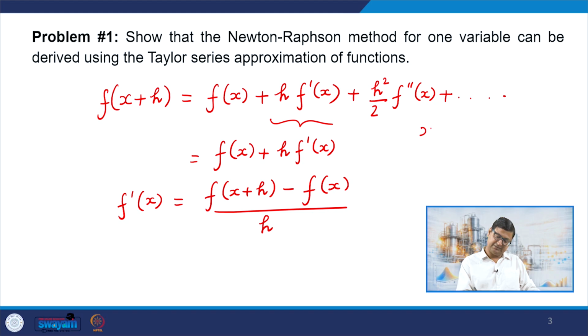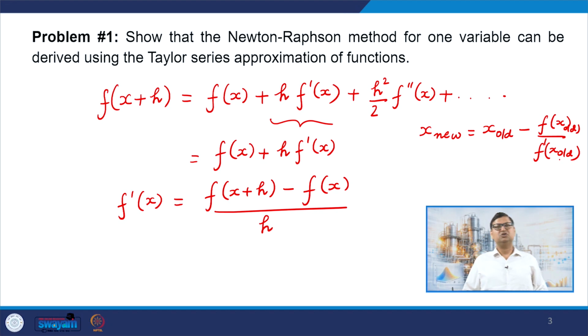We set x new as x old minus f of x old by f prime of x old. So, where is going to be my new value? New value can be assumed to be some small gap from the old value.